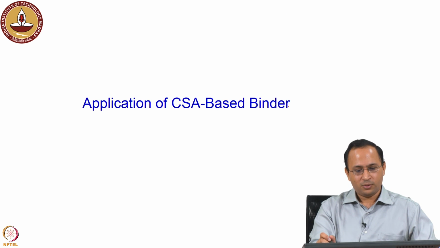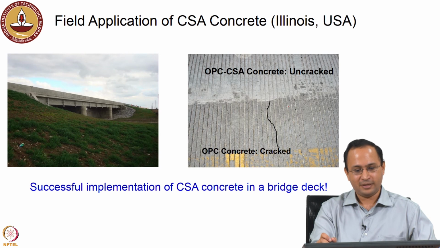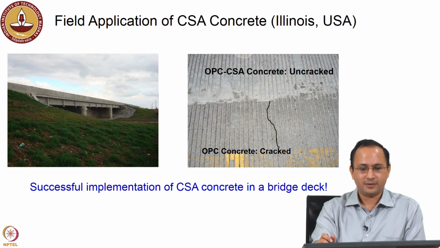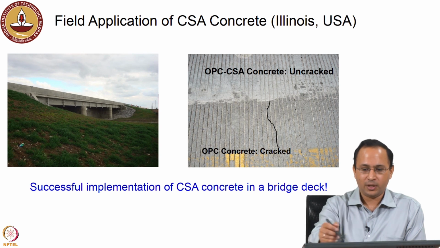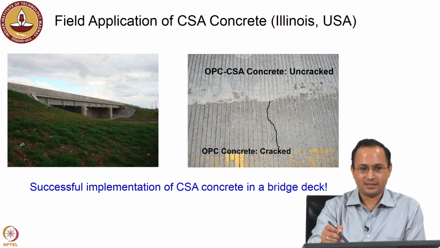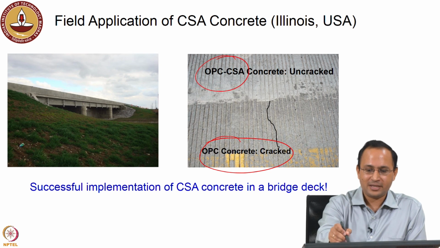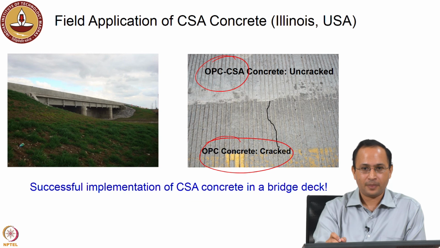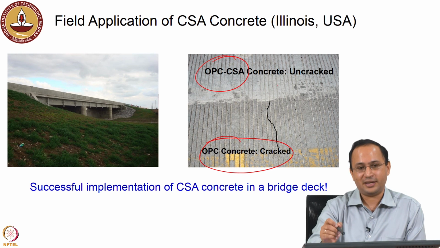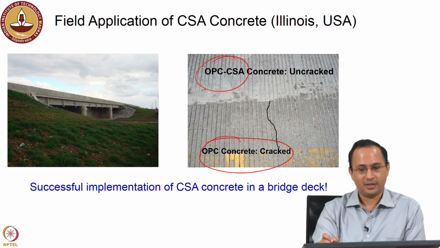Now, coming back to the application of CSA based binder, this was a field application done using OPC-CSA cement in Illinois, where 2 decks were cast side by side. You see the normal deck with Portland cement, and when we replaced Portland cement with CSA, what was interesting to see was that the deck with CSA did not crack at early age.